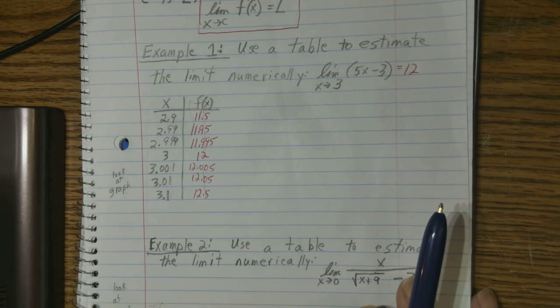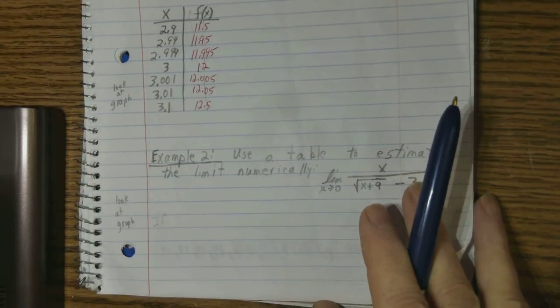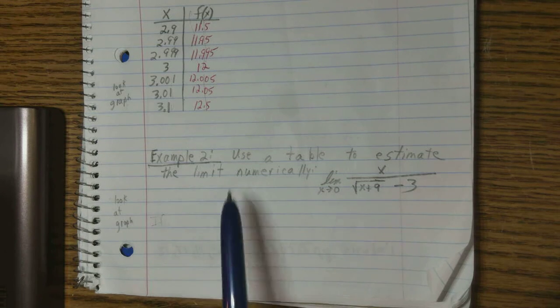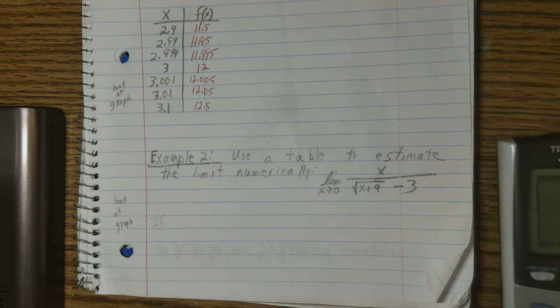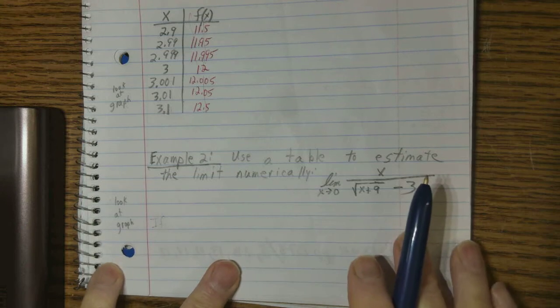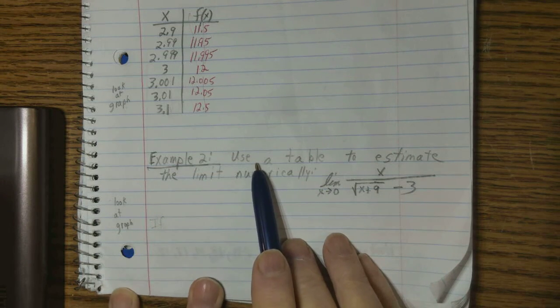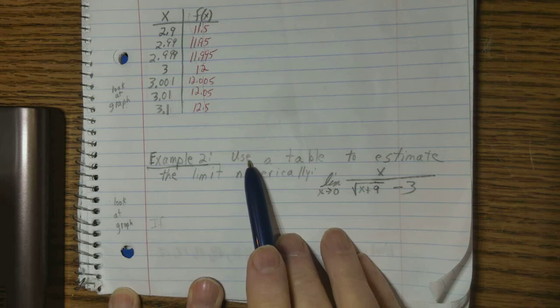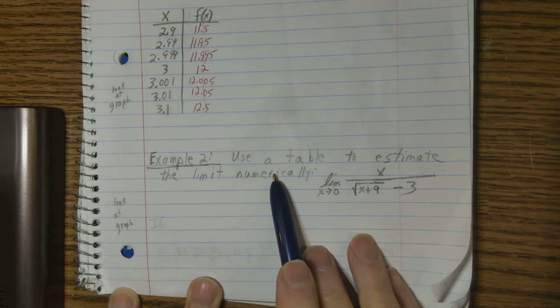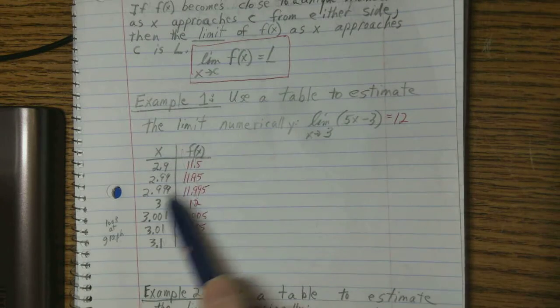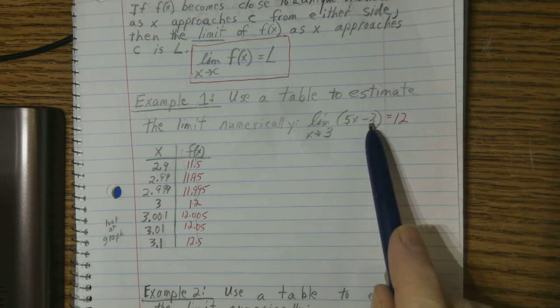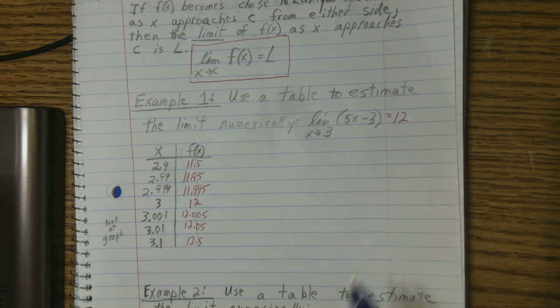All right, the next thing I want to do is look at example 2. This one's a little more involved. It says use a table to estimate the limit numerically. Here we could put 3 in, and 5 times 3 is 15 minus 3, which is 12.